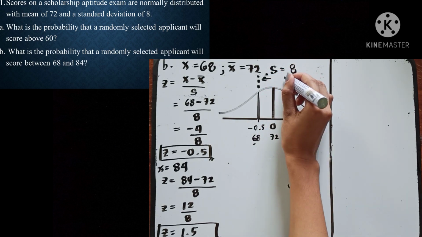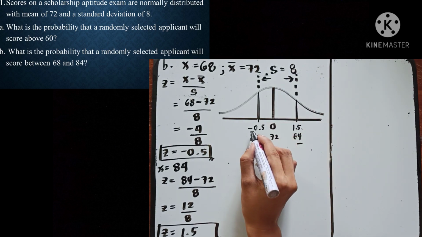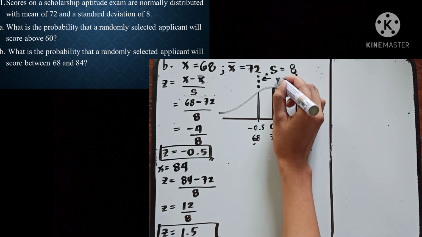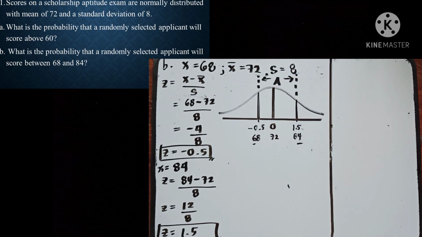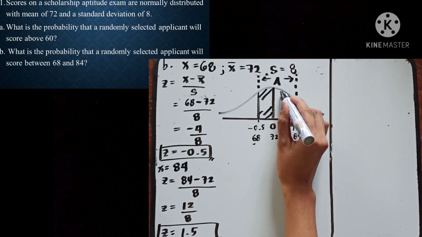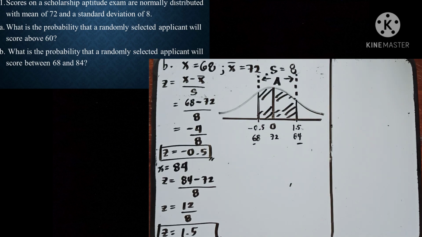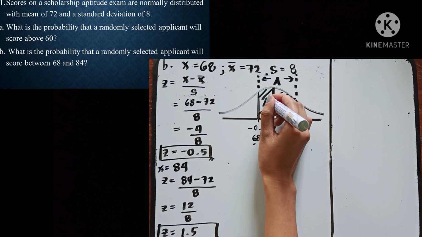Ito yung hinahanap natin. So, from 68 to 84. From negative 0.5 to positive 1.5. Ito yung area na hinahanap natin. So, ayan po yung hinahanap natin na area. Okay? So, we let this as A sub 1.